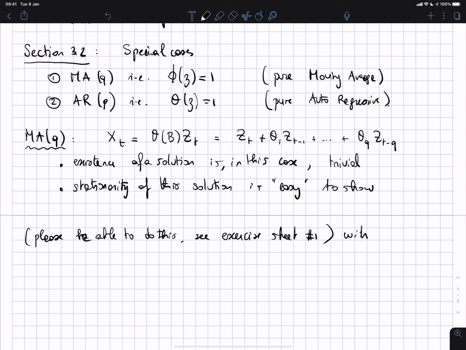And what do we see? Well, we see that the expectation of this guy is necessarily equal to 0, and the covariance of xt with xt plus h does not depend on t. It's a certain function gamma of h which is nicely even, and it's going to be given by this expression here.